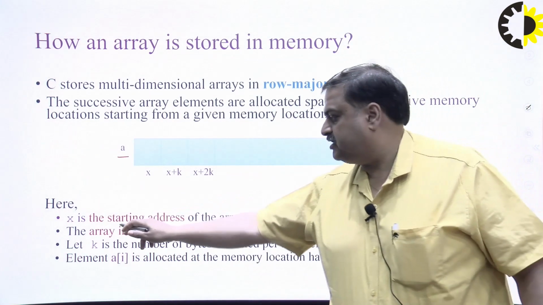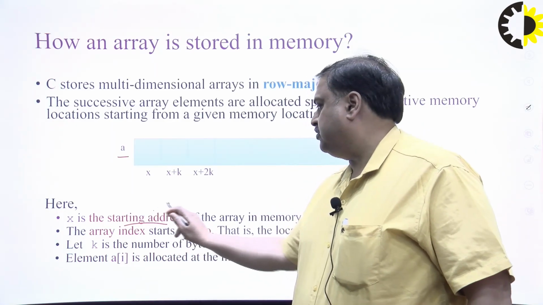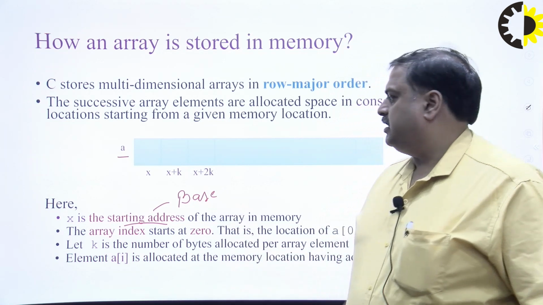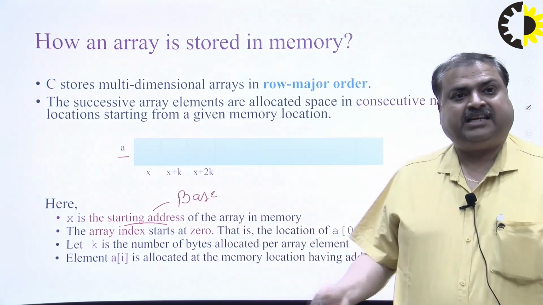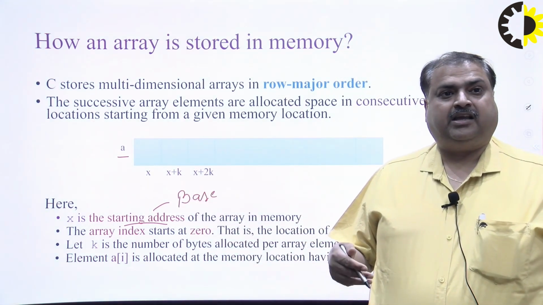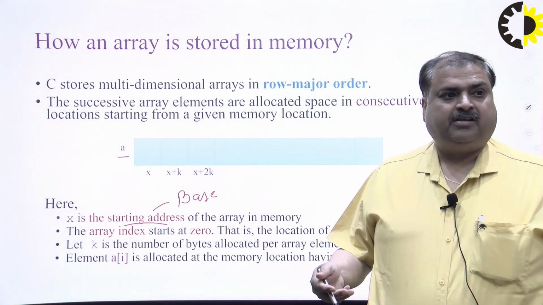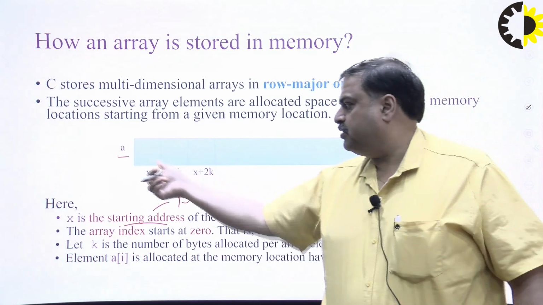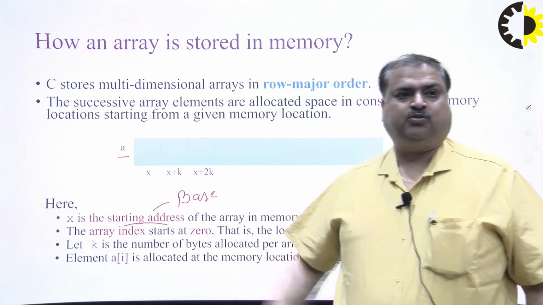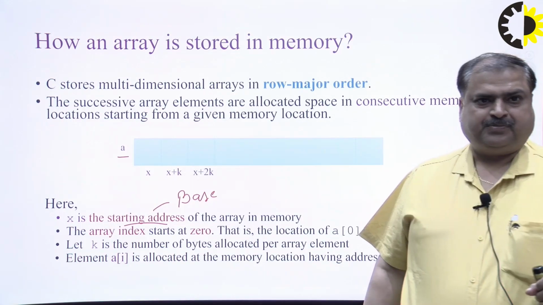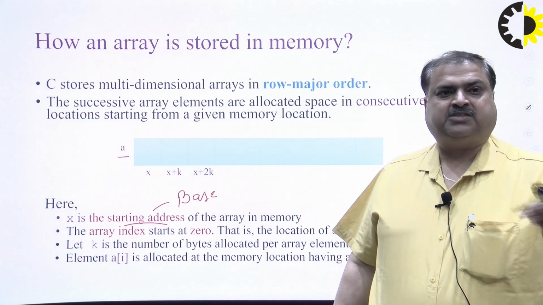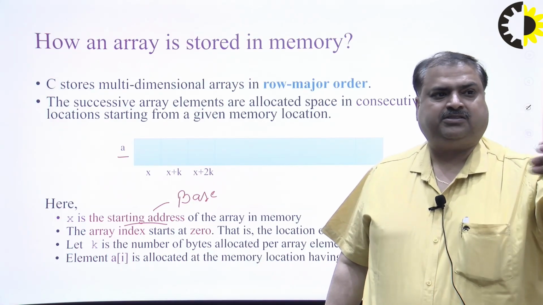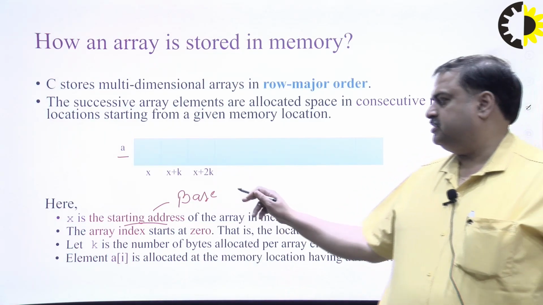So, x is the starting address, sometimes also called the base address, and the address of the next element will be x plus k, because k number of bytes are required to store the first element. So, the next element address will be x plus k, further next address will be x plus 2k. So, this is how it goes.